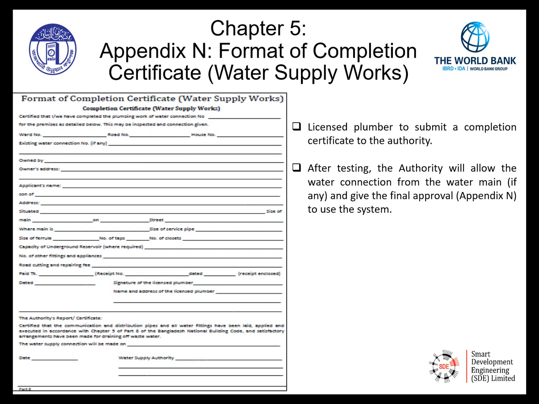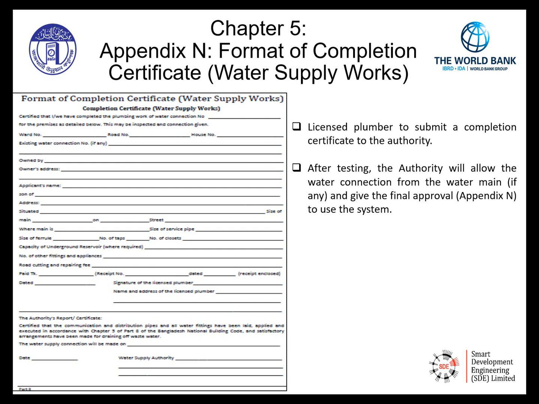On the bottom portion of this completion certificate is the authority's report certificate, and it indicates the following: certified that the communication and distribution pipes and all water fittings have been laid, applied, and executed in accordance with Chapter 5, Part 8 of the Bangladesh National Building Code, and satisfactory arrangements have been made for draining off wastewater.